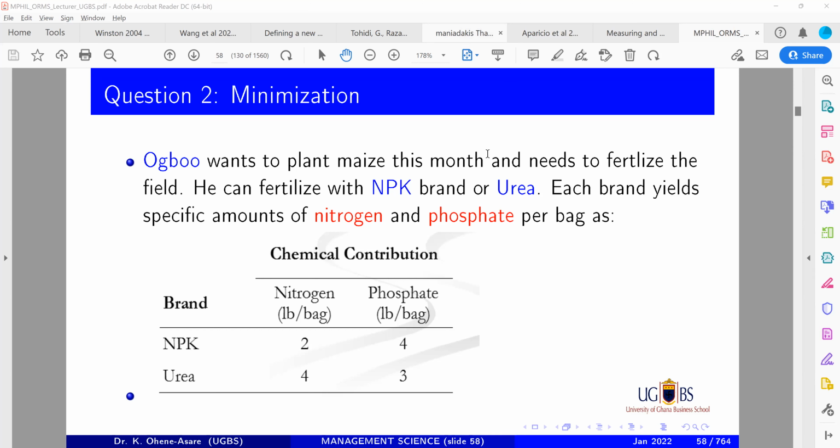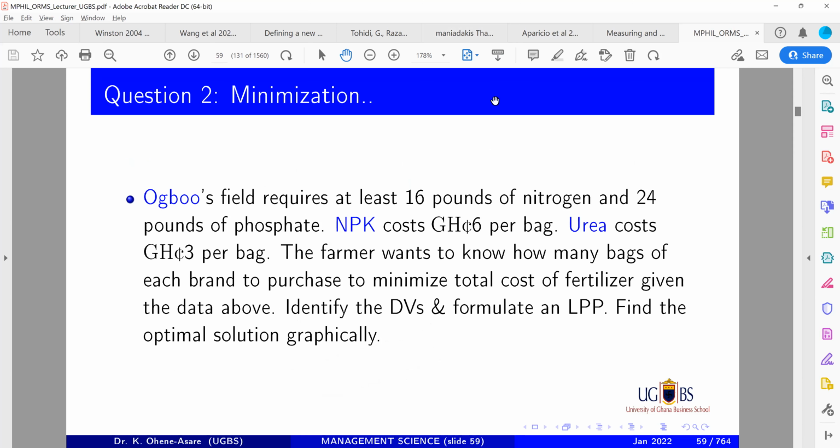How do you know that those are the decision variables? Because decision variables usually come with a price. NPK costs 6 cedis, and the urea costs 3 cedis. Excellent, very good, well done. So here you can see that NPK has been priced, and that is what tells you.